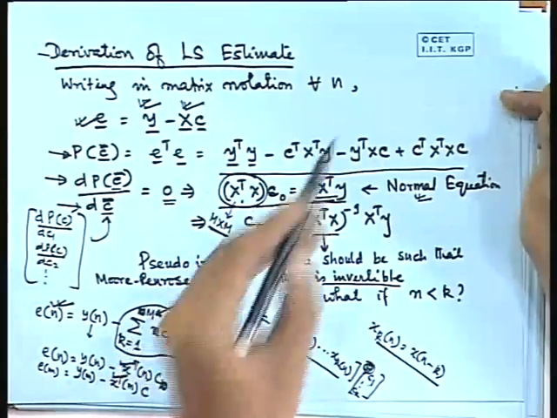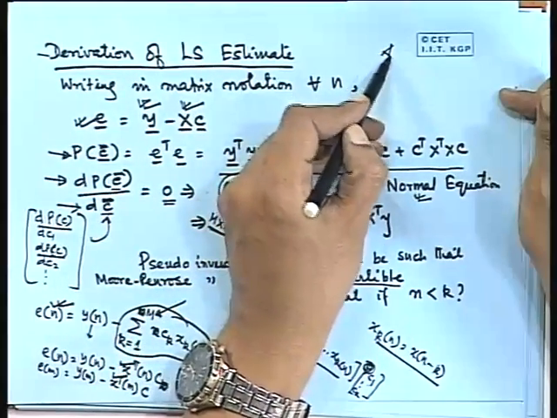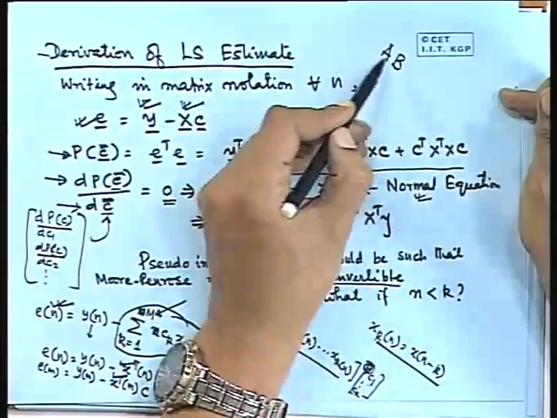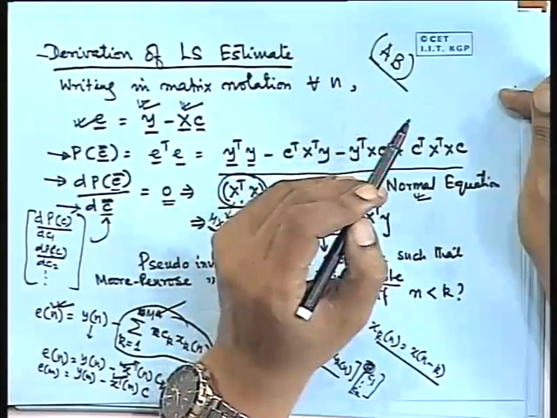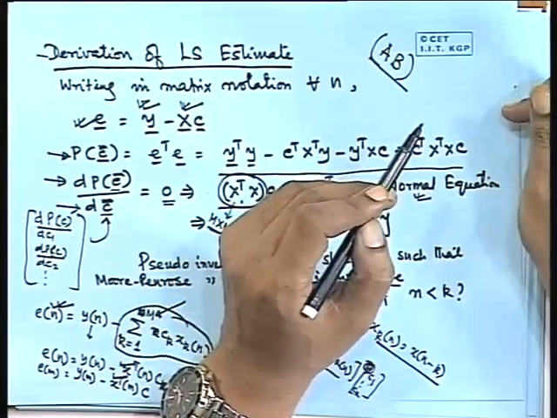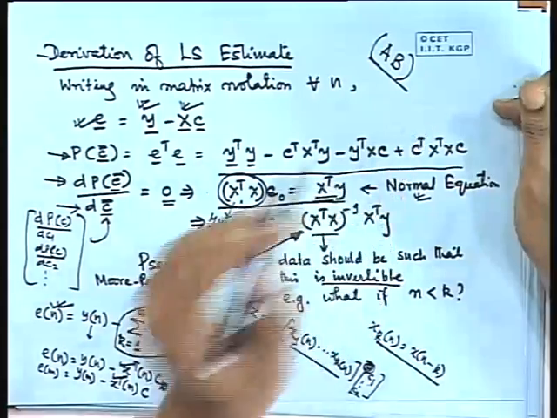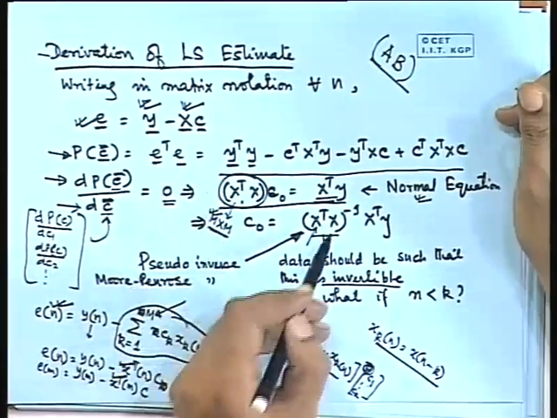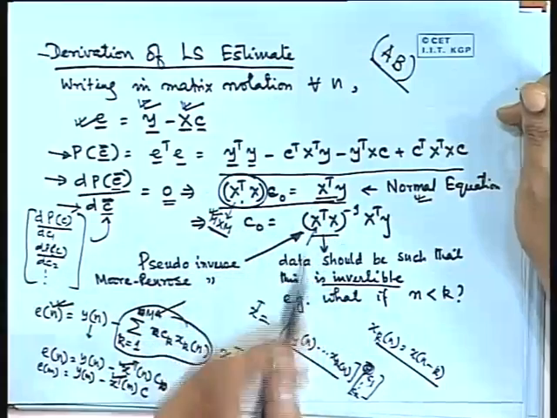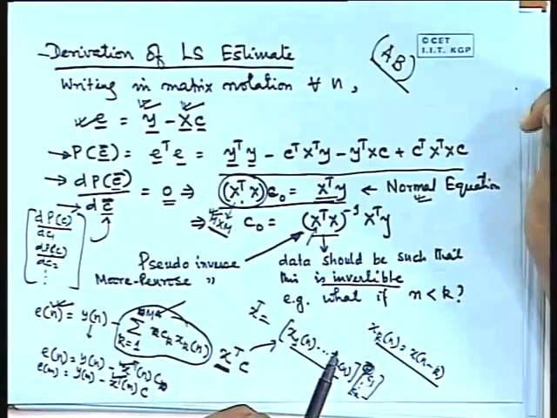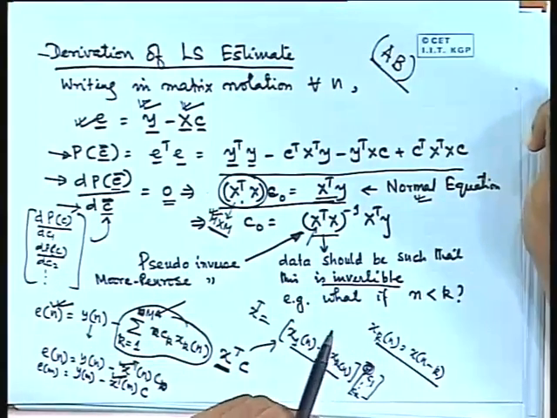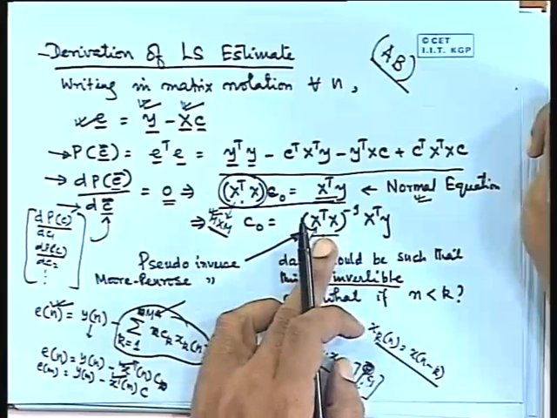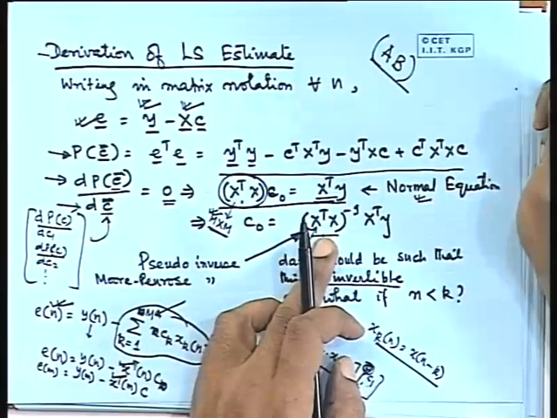If you multiply a matrix A by a matrix B, then the rank of AB can never exceed the rank of A or B. So X must be of rank M. Only then X transpose X inverse can have full rank. Otherwise, this M into M matrix will be singular, and you cannot solve this problem like this.